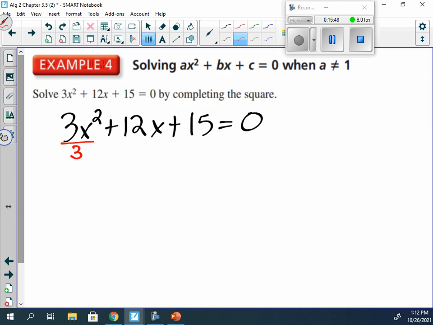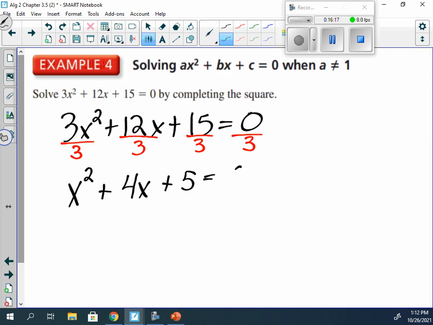Now we have to divide every single term by 3. Now 3x squared divided by 3 would be 1x squared. 12x divided by 3 is? And 15 divided by 3 is plus 5 is equal to 0.